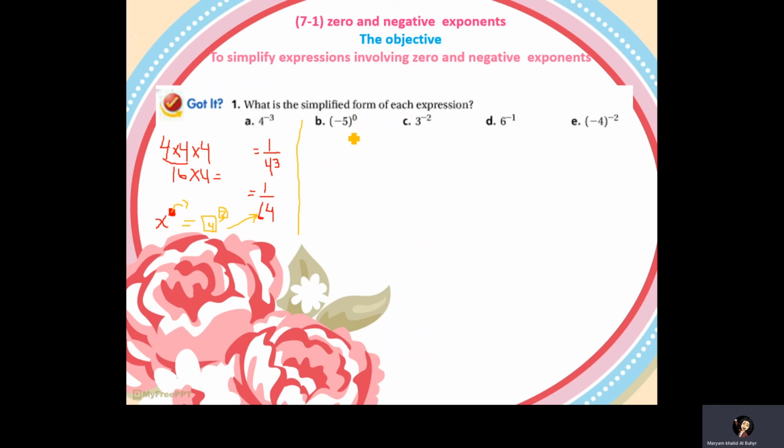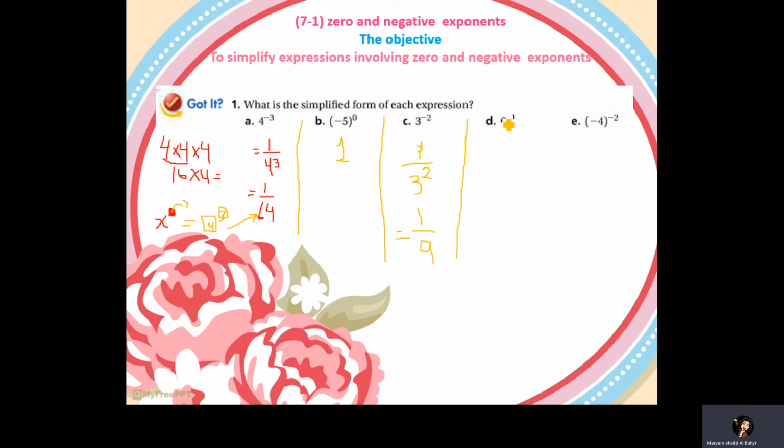Now anything to power 0, it's 1. Now if you have something like this, 3 to the power negative 2, you are going to flip this one, 1 over 3 to the power 2. So that equals 1 over 9.